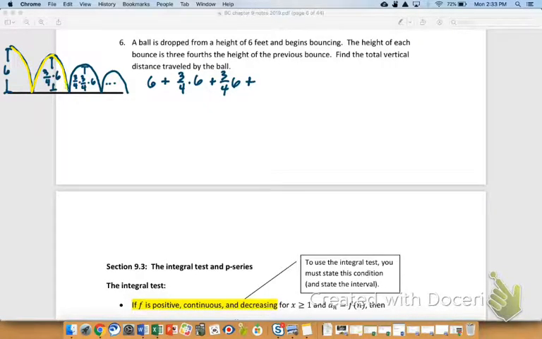Wasn't that the total vertical distance? Well, I'm not done yet. I've gone just the yellow part only. Okay, I got you. Maybe I figure it out at this point, maybe I keep going.